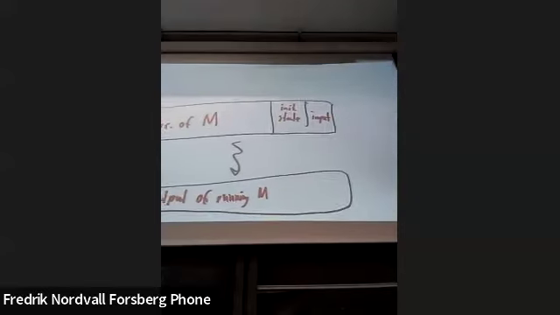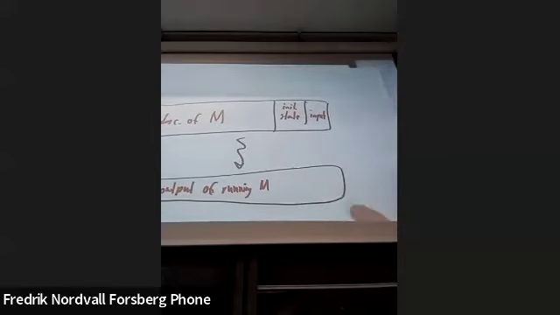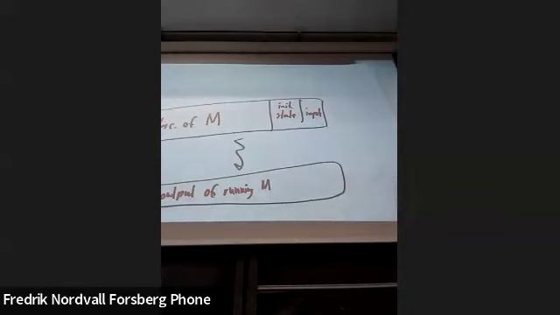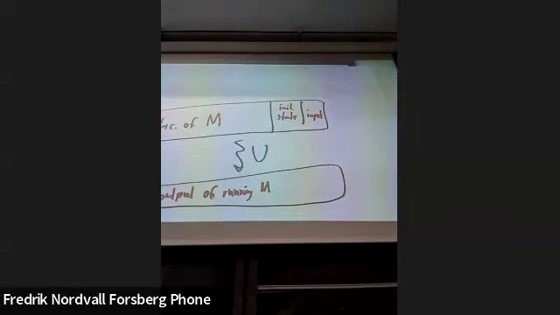So these two problems look very similar, right? The first one, where we have the description of the machine, we have the initial state, and we have the input. And we know that there is this universal machine, usually called U, which produces the output of running M, and then halts if M halts. And if M doesn't halt, then this thing will also not halt. That's possible.